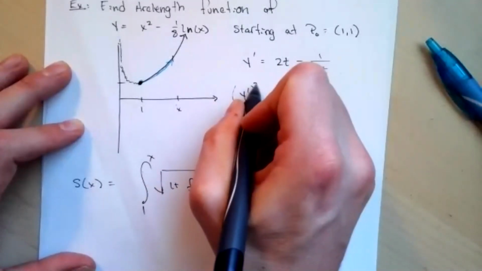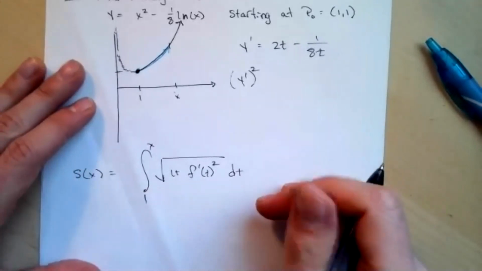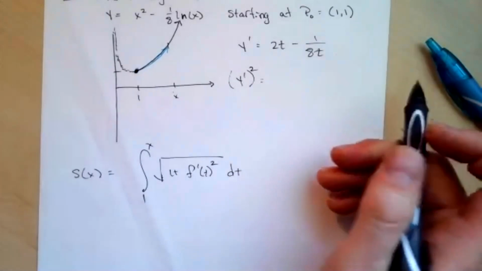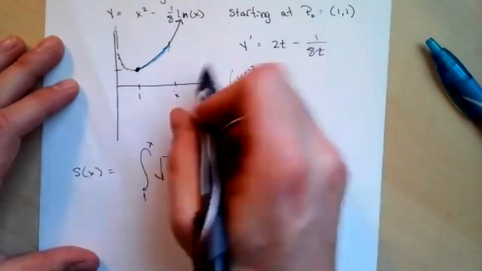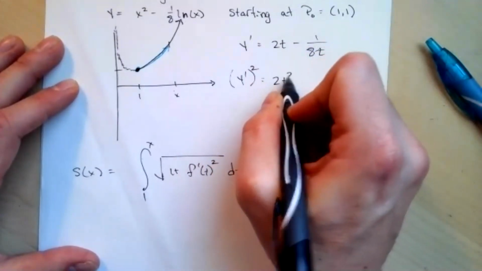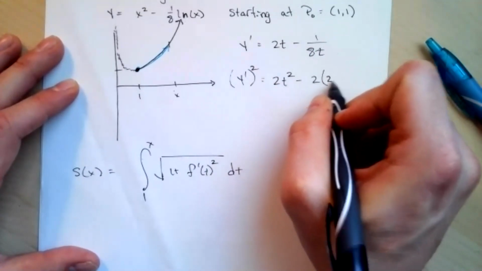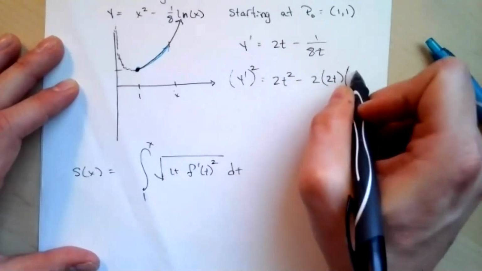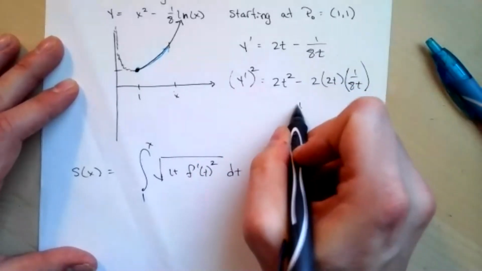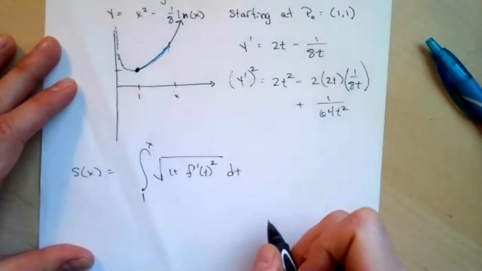And if we want to do some of the scratch work on the side, sometimes I do that as well. Our y prime squared, or you can write it as f prime, dy dx quantity squared. So we can do the squaring to the side if we don't want to write it all underneath the square roots. What are we going to get? So we'll have 2t squared minus 2 times 2t times 1 over 8t. So the t's will cancel out of that middle term, and then plus 1 over 64 t squared.